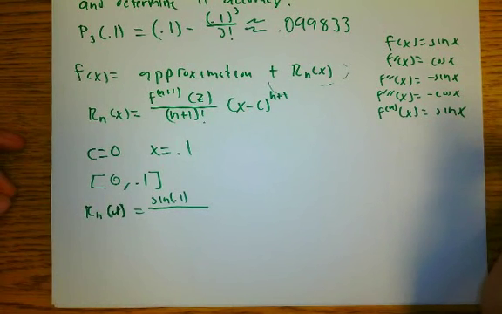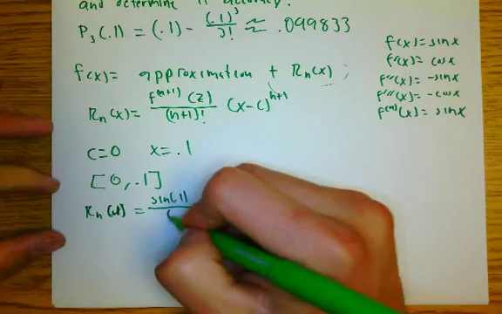Times x minus c. Well, what was c? Well, 0, right? It was a Maclaurin, so we don't need that. So to the what power? To the 4th, right? You guys with me?